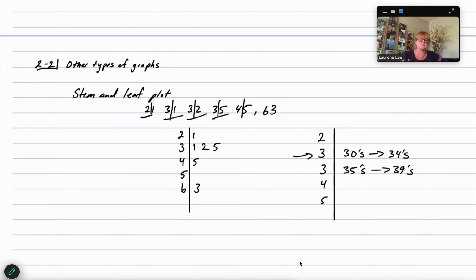The reason is because another thing we're going to talk about in this section is misleading graphs. It can be misleading if you don't add those 50s in there, because that indicates visually that there's a gap in the data. If you leave the 50s out, somebody might say, oh, that data looks kind of evenly distributed, whereas actually there's a gap if they misread the numbers on the left.